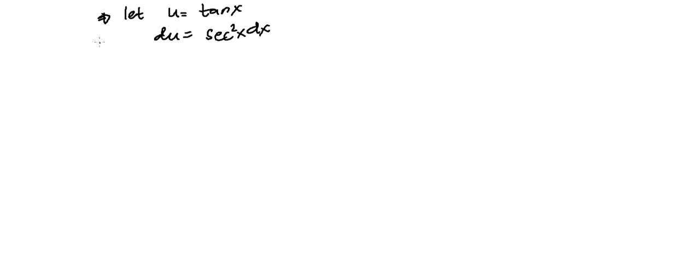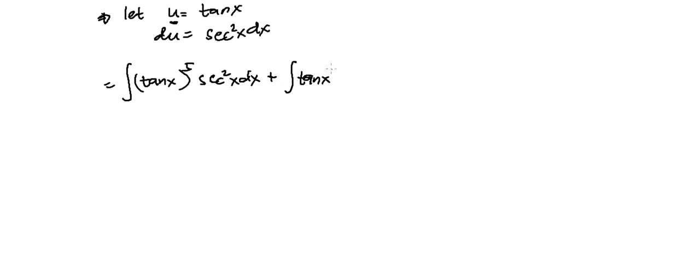So after that, we can now transform this integrand in terms of u and du. So this tangent x raised to 5 here is just equal to u raised to 5, right? If you are not yet comfortable, then you can rewrite it first like this: the integral of tangent x raised to 5 secant squared x dx plus the integral of tangent x raised to 3 secant squared x dx.